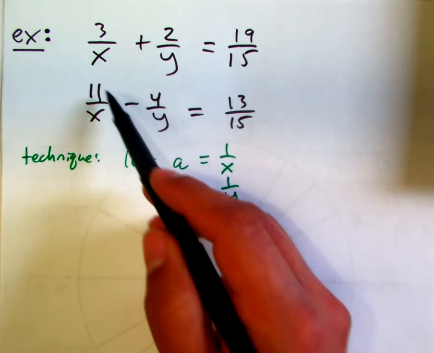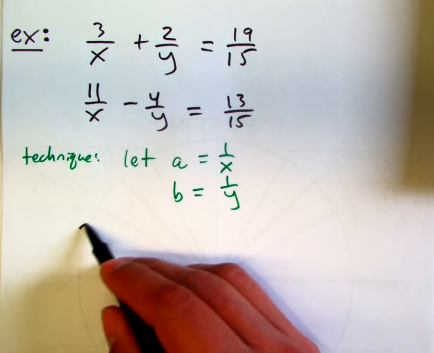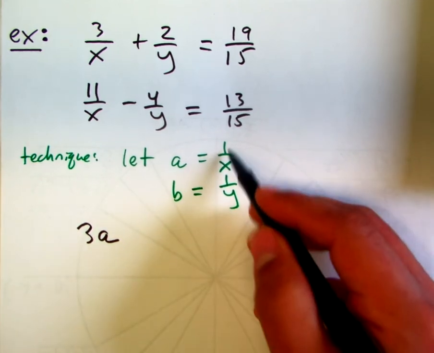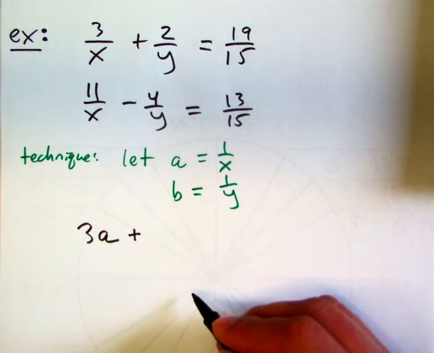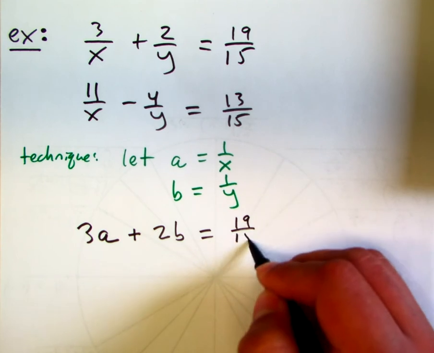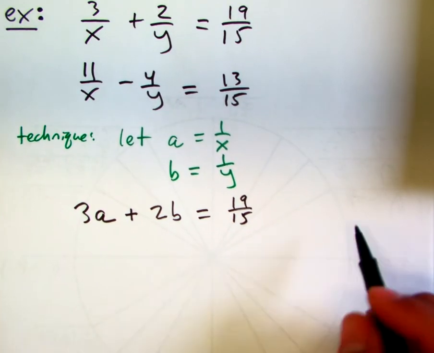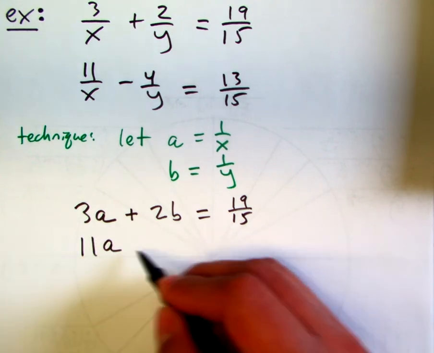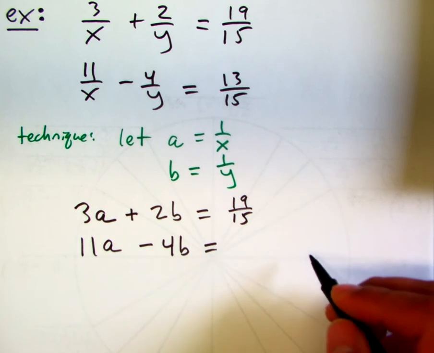If this is 3 over x, then what does that become? 3a, because we just have 3 1 over x's, plus 2b equals 19 over 15. The variables are not in the denominator anymore. And the bottom equation becomes 11a minus 4b equals 13 15ths.